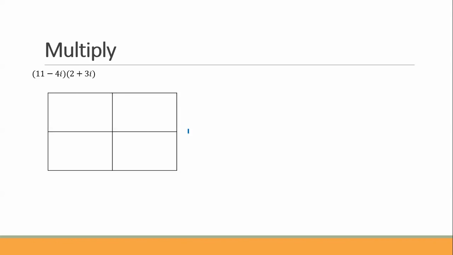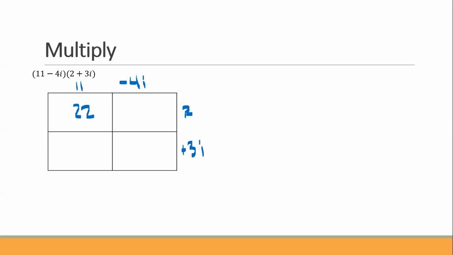The same thing happens when we multiply complex numbers. We have 11 minus 4i and 2 plus 3i. So we have 11 times 2 is 22.